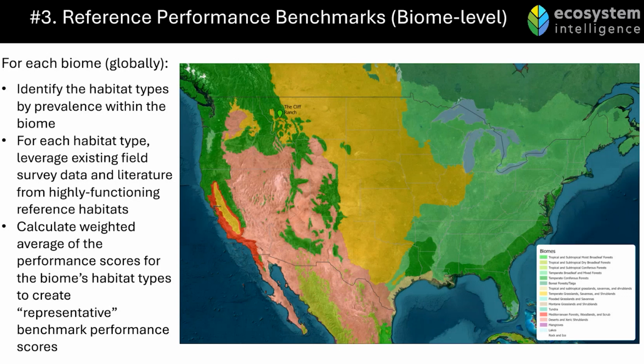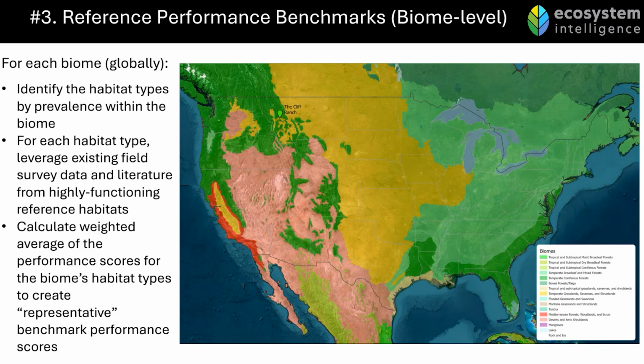So we can understand within a biome, what are the habitats that are most common? And we've got data that tells us for highly functioning habitats of that type within that biome, how does relatively undisturbed, highly functioning habitat perform?